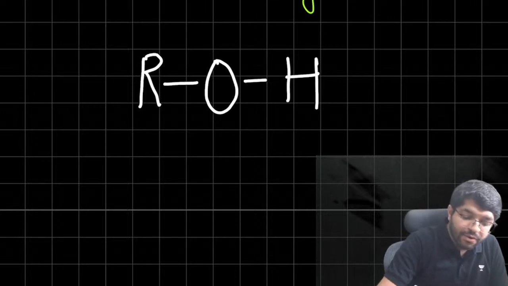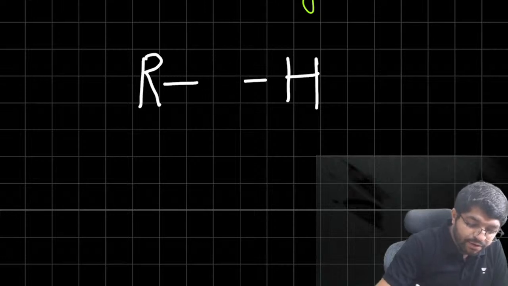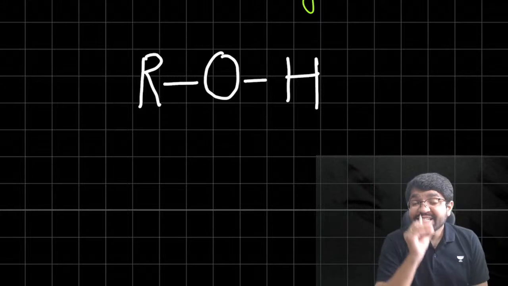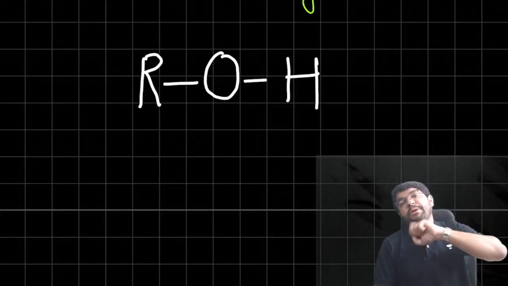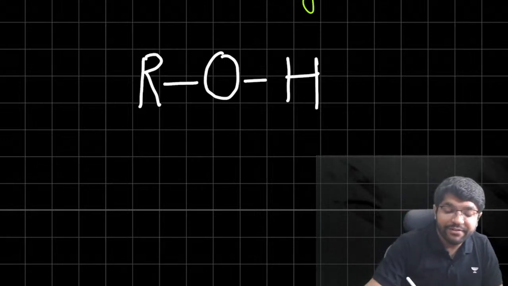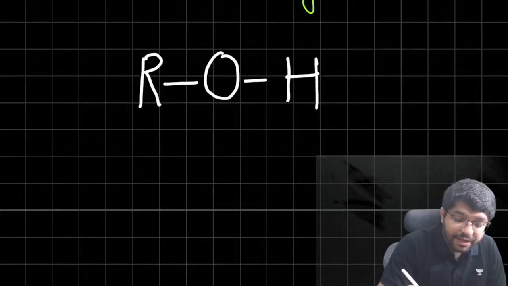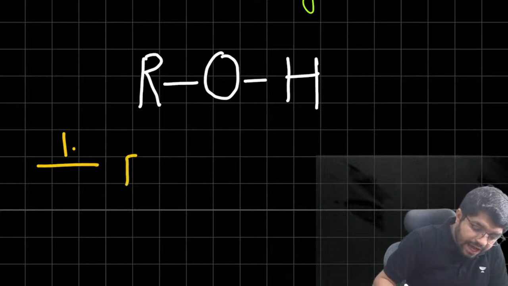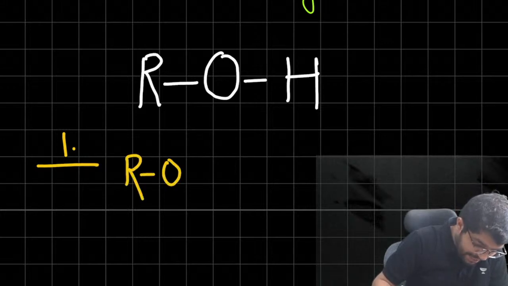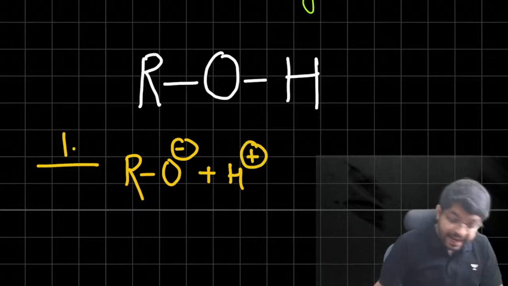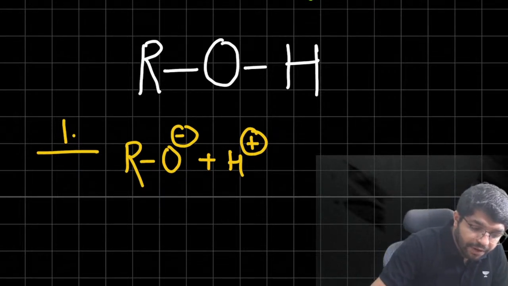R O H. Now this alcohol has two types of properties. How to define them? The property number one is RO minus and H plus.